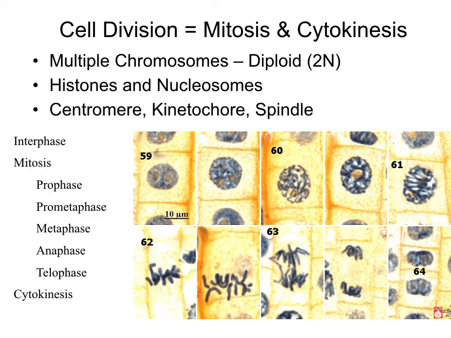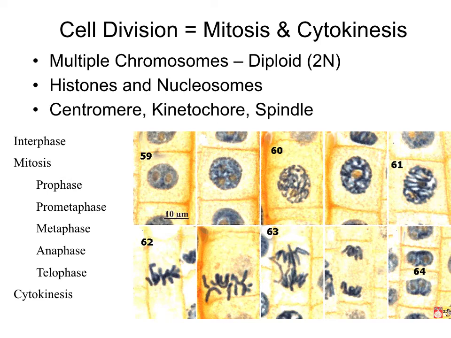Those duplicated chromosomes are going to be held together by centromeres at the beginning. And these things are present when the cell is not dividing, which is called interphase, right before that. And during mitosis, those things become the most tightly wound, and then they're going to be separated into two groups.